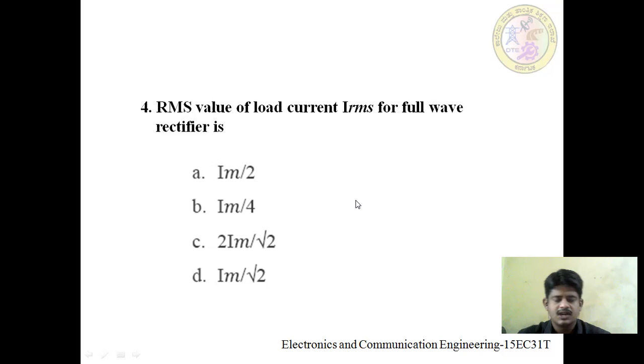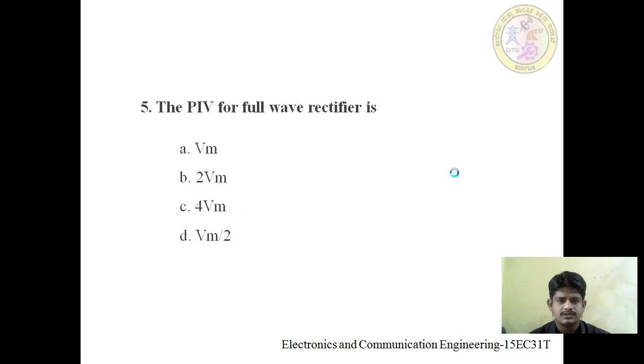The available options are Im by root 2, Im by 2, Im by 4, 2 Im by root 2, then Im by root 2. So which one is the correct answer? Okay, you might have already got the correct answer. That is option D, Im by root 2 is the correct answer for this question.